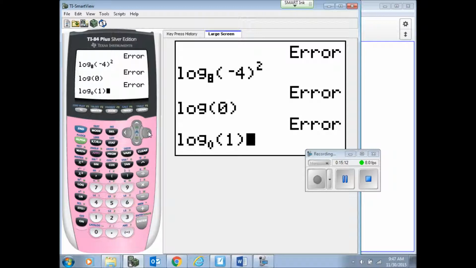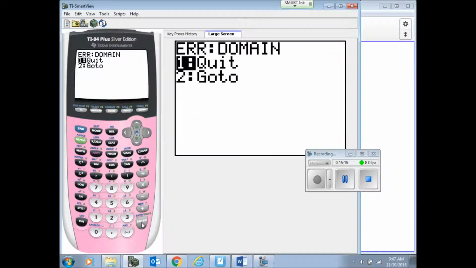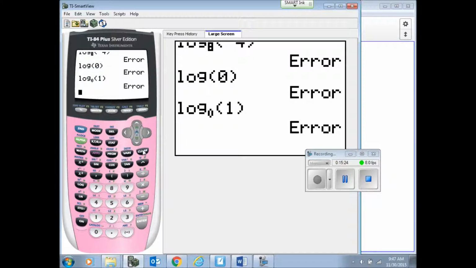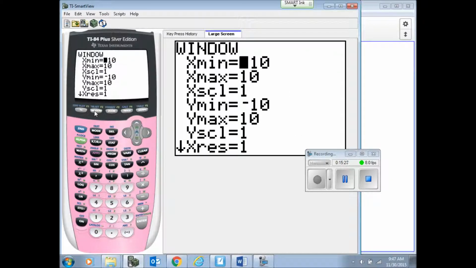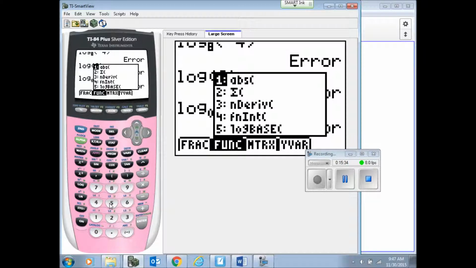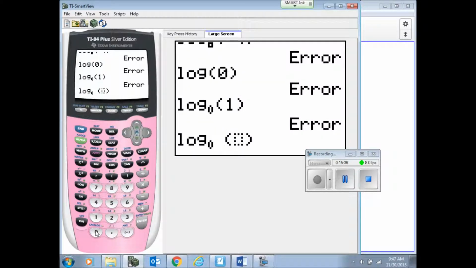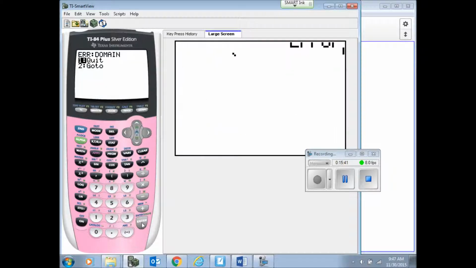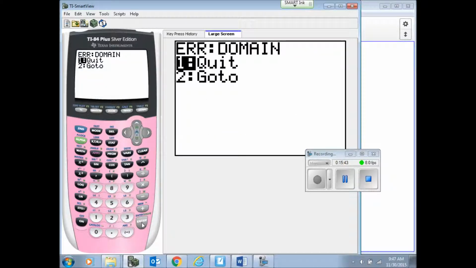What do you think, Lewis? Let's try it. Yeah, it says error. The moral of that story is that your base has to be above 0. Let me just try log base 0 of 0. Maybe that'll work. Still didn't work. So we need our base to be above 0.